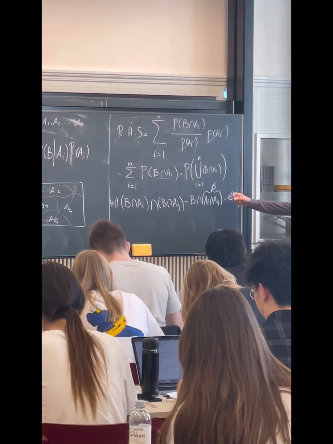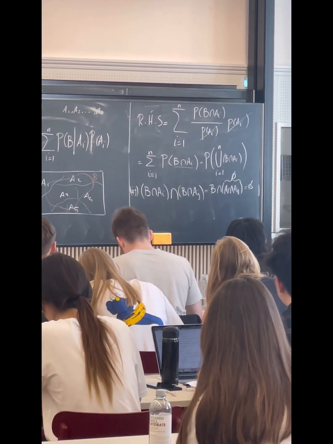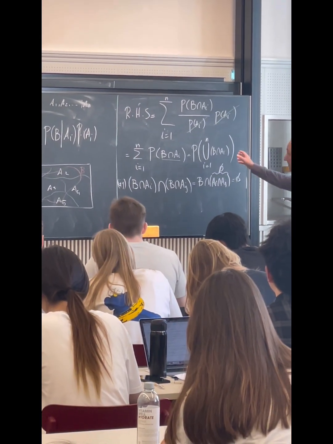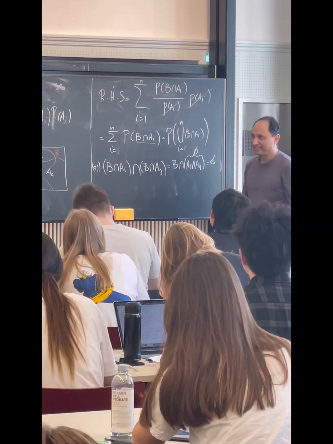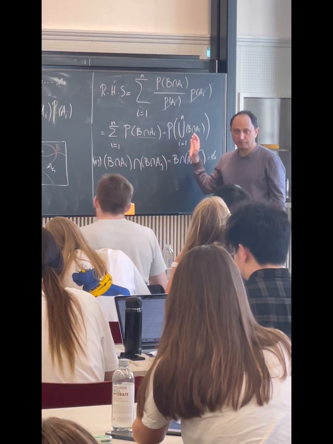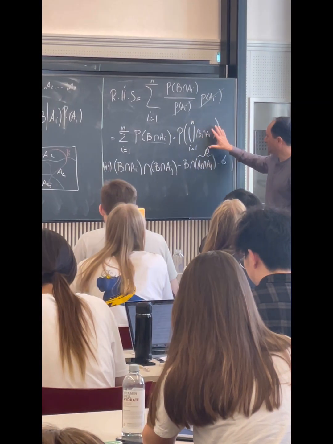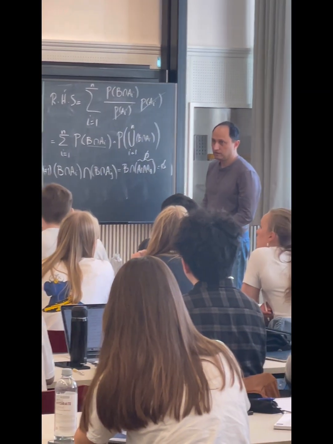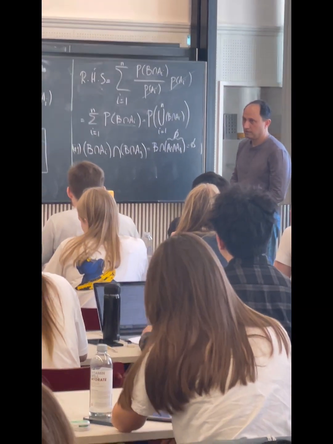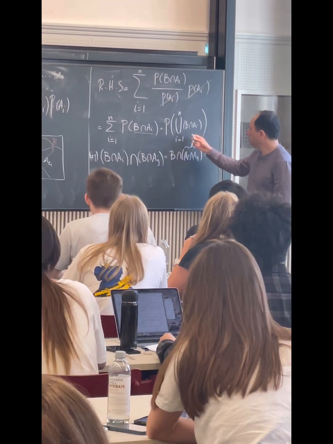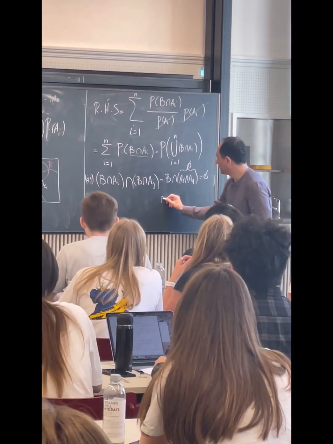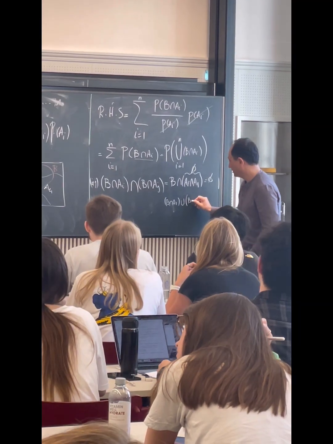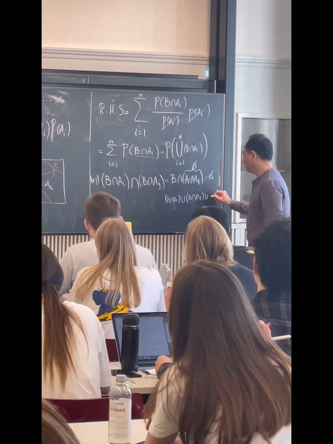But what can I do here? It was already in the form of a sum, and I wrote it as the P of the union. But this is a simple thing to do in set theory. How can I write it? I am unioning all of them. Let me write two of them, for example, and then I continue this list.